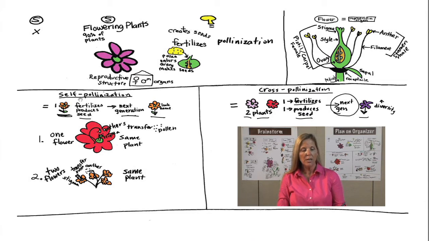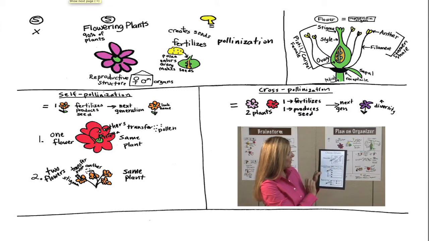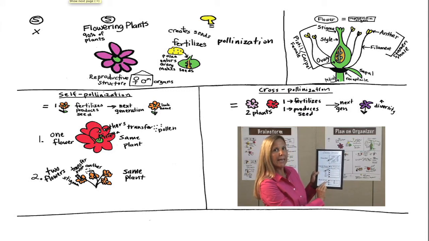So we have our self-pollinization. We started our main idea sentence with a definition, then listed out the details, the 2 types of ways a plant self-pollinates, and then we sequenced out how they do that and described it. We did list or draw. Next, we have to ask, do we need to back it up? Is there anything we need to back it up with?